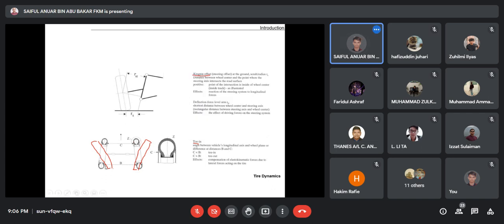Okay, let me check. This figure actually belongs to the camber angle. It seems I put the wrong figure here. This one belongs to the camber angle.